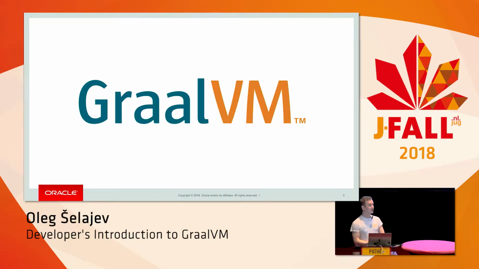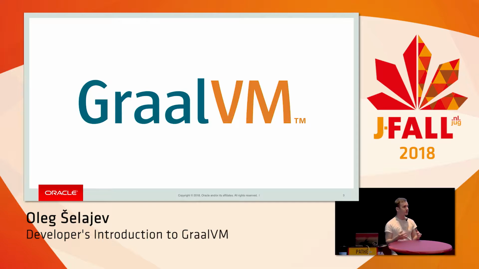With that said and done, we're going to talk about GraalVM. One line that would describe GraalVM is that it's a high-performance, polyglot, embeddable virtual machine capable of running programs written in different languages. So currently it supports Java and JVM languages, so Kotlin, Scala, Groovy, Clojure, everything that compiles down to the Java bytecode.